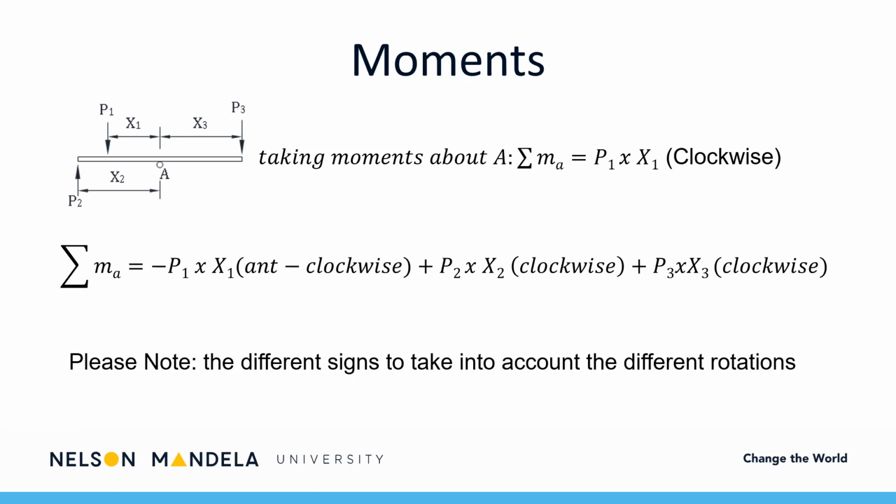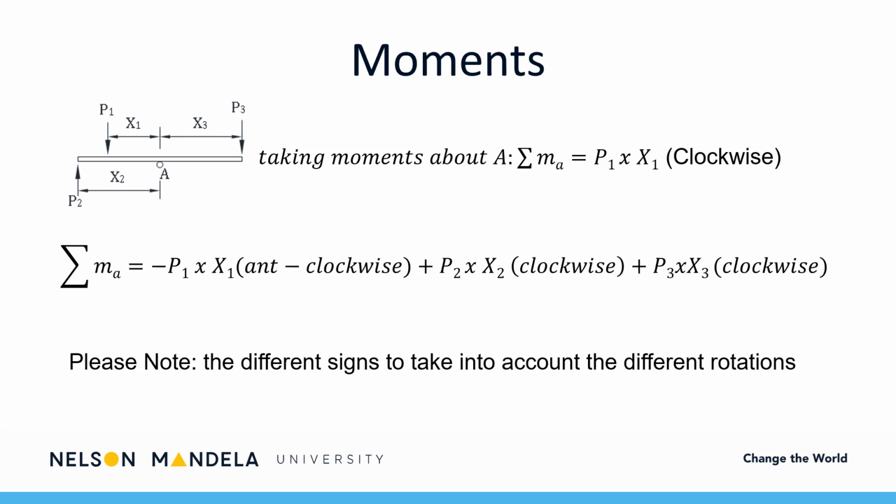Okay, now let's look at the equation below the diagram. P1 times x1 is rotating anti-clockwise. Forget about the signs at the moment. P2 times x2 is rotating clockwise. P3 times x3 is also rotating clockwise. Watch the signs now. I'm assigning the same sign for P2 and P3 because they're going in the same direction.